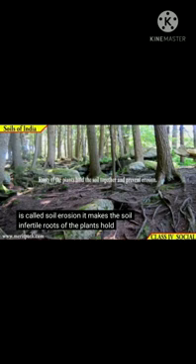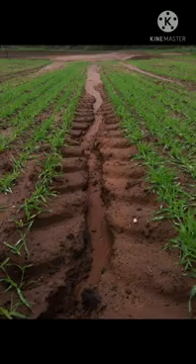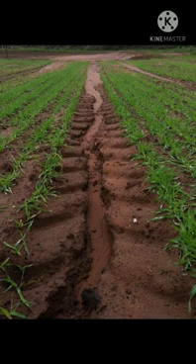This process is called soil erosion. Soil erosion reduces the fertility of soil. Soil erosion reduces the what, students? Fertility of soil. What is the reason, students? Why does soil erosion come?